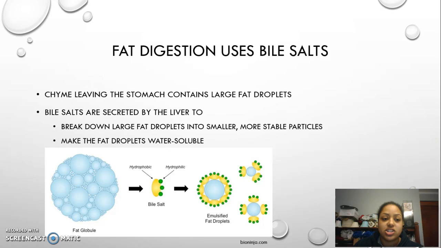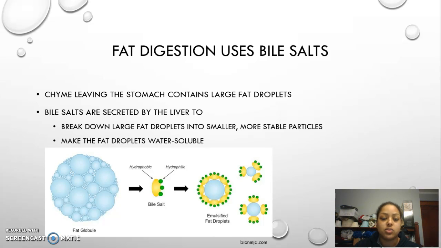So fat digestion begins with chyme leaving the stomach, and it contains large, coarse fat droplets. These fat droplets have less surface area than smaller fat droplets, and they are also water insoluble. Because of this, the liver will secrete bile salts, which are bile acids conjugated with amino acids.